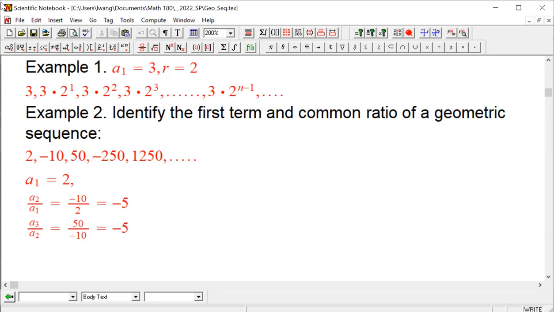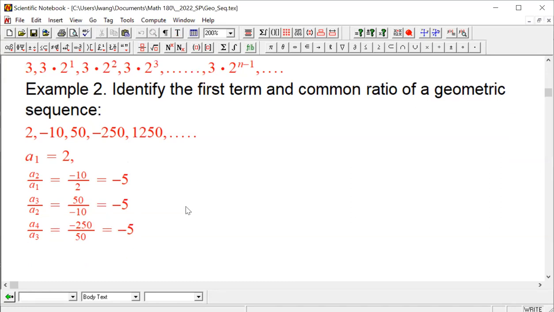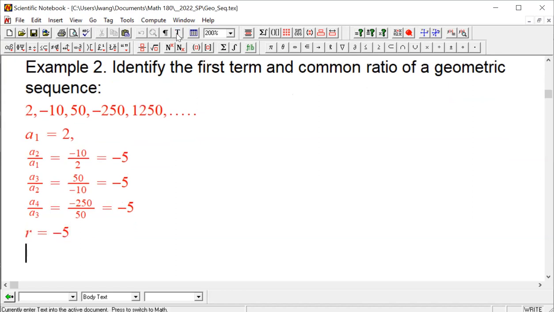Since we're told this is a geometric sequence, you just check a couple of numbers. The ratio of a sub 4 over a sub 3 gives us negative 250 over 50, and that's negative 5 again. So now we know the common ratio is negative 5.